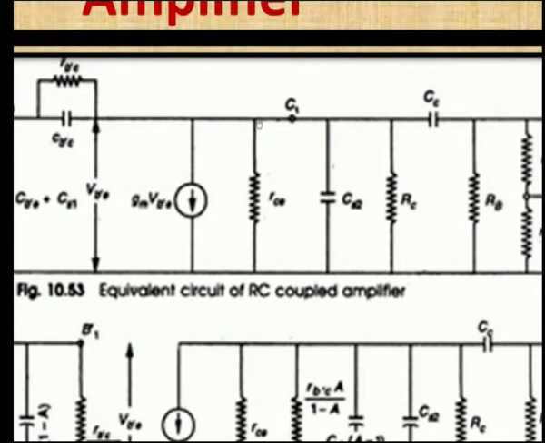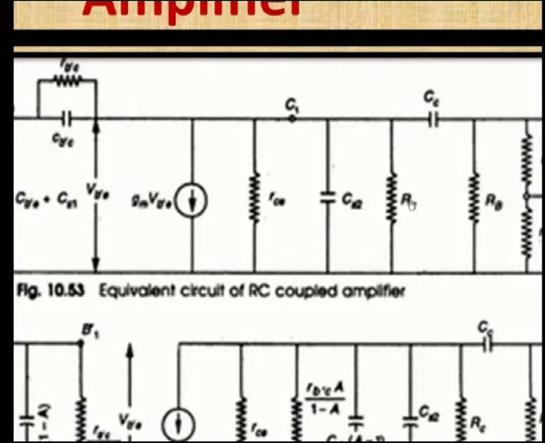And here this is the resistance between the collector and the emitter, RCE, and this is the capacitance between the collector and the emitter. This includes the stray capacitance as well as the capacitance between the collector and the emitter. So this is given as CS2, and this is the resistance between the collector and the emitter.